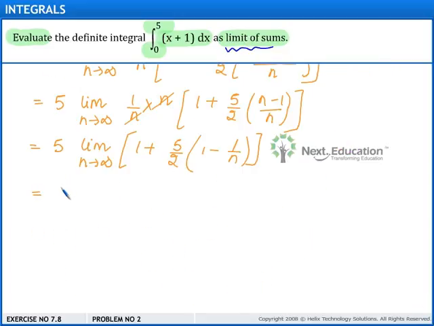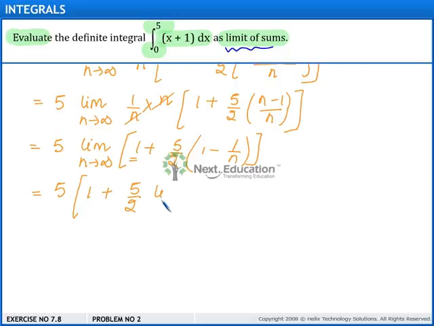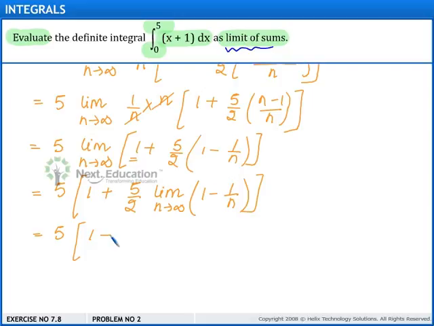Now taking the limit inside, we have 5 into the limit as n approaches infinity of 1, which is 1, plus 5 upon 2 into the limit as n approaches infinity of the function 1 minus 1 upon n. From here we get 5 into 1 plus 5 upon 2 into (1 minus 0), since the limit as n approaches infinity of 1 upon n is 0.